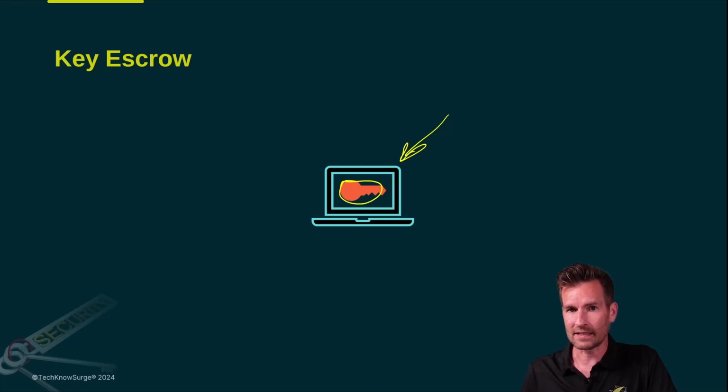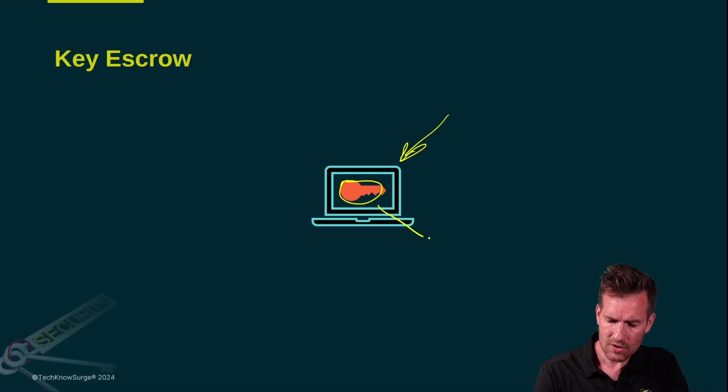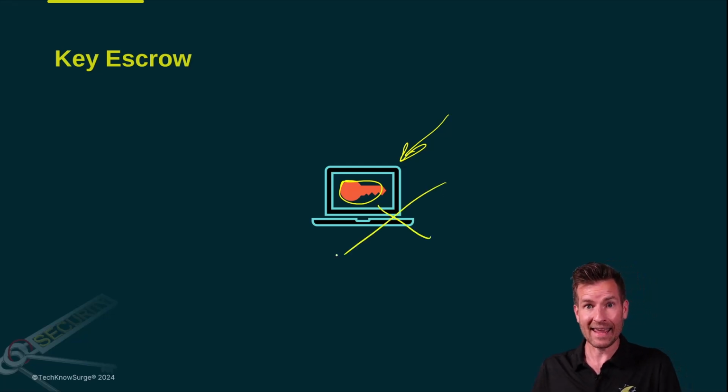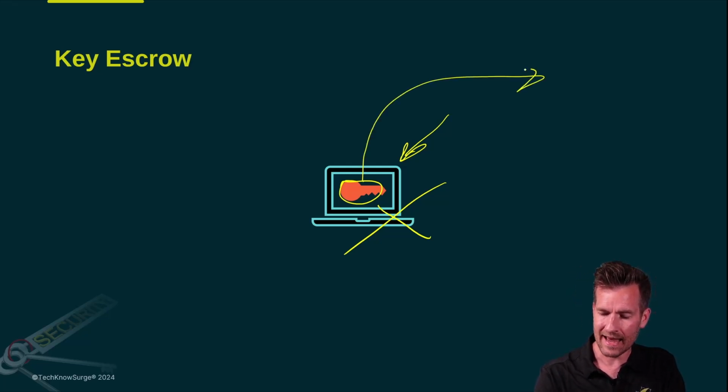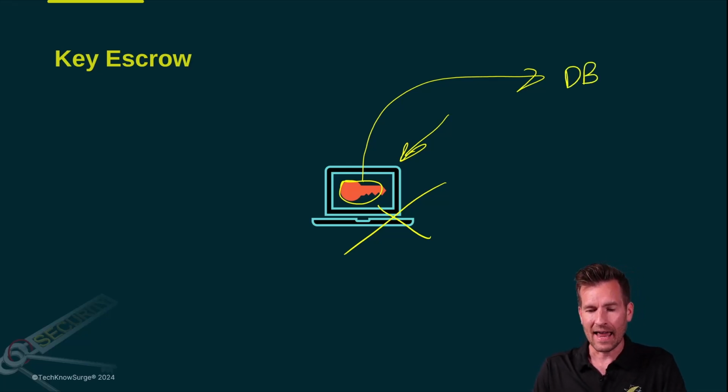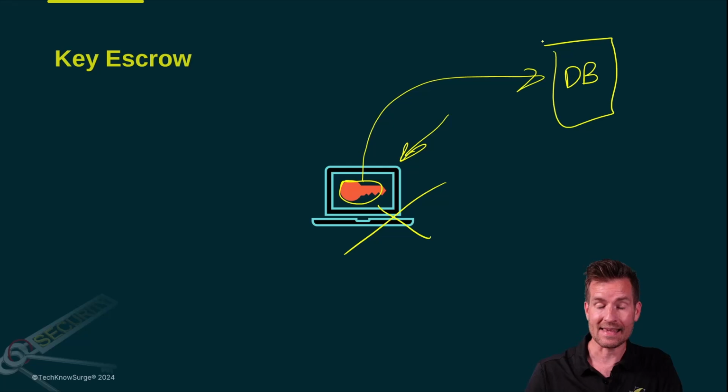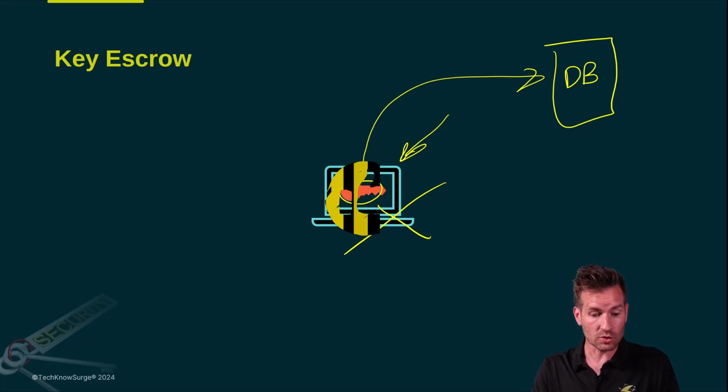Well, that's great as long as that machine is working, but if that machine goes offline and it has the key on it and we still need access to that data, that causes a problem. So we may take this key and store it in a database. What we can call that database is a key escrow. So that could be an example of a technical solution that we call a key escrow as well.